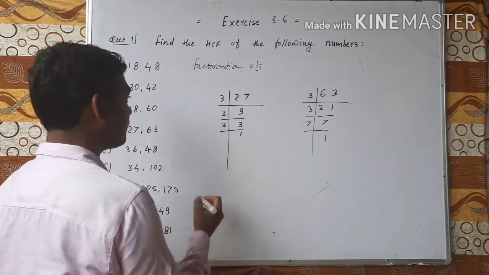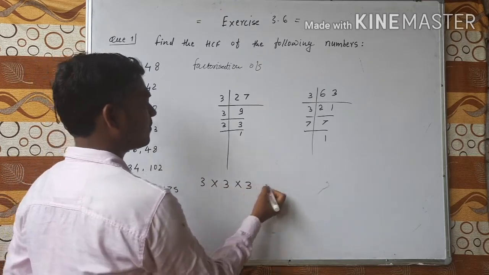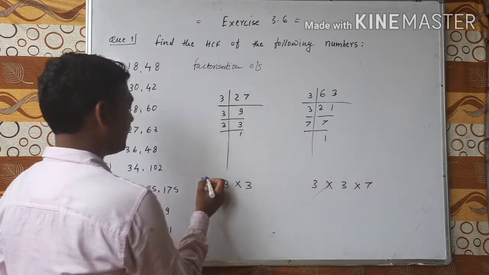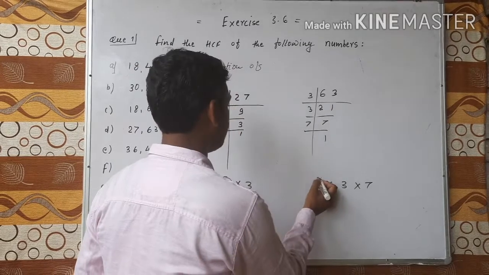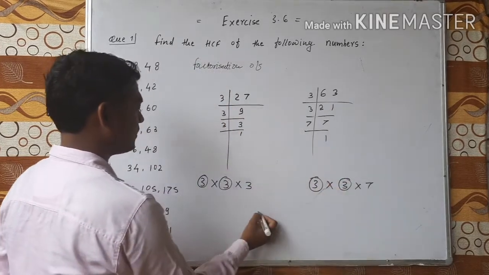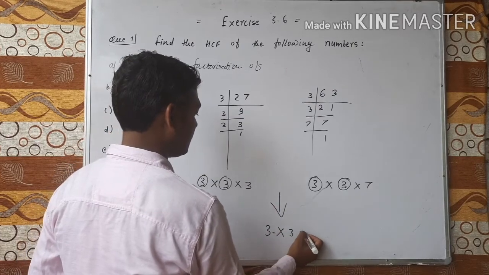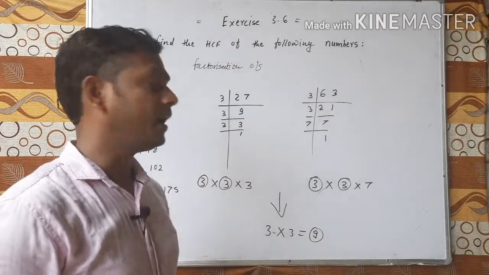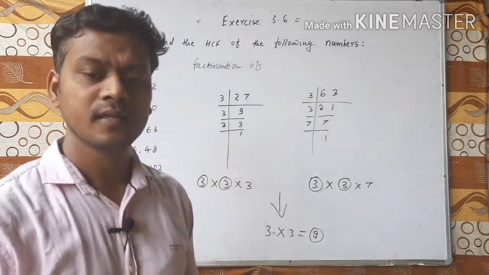Then write their multiplication of factors: 3, 3 and 3, and 3, 3 and 7. Again we can circle the same common digits, that is 3 and 3. So we can write their multiplication 3 into 3 equal to 9. So we can say that 9 is the highest common factor of 27 and 63.